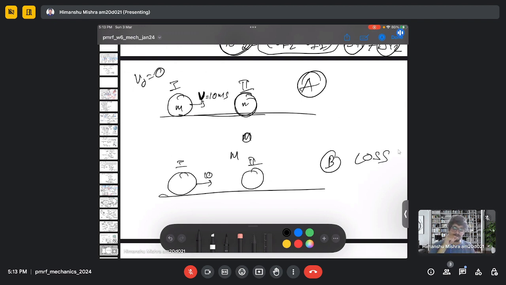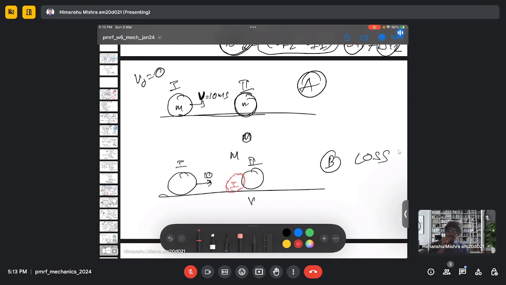Now, due to the loss in the kinetic energy, what happens? Its final velocity, let's say, is very different. This is the final position of this body, one.